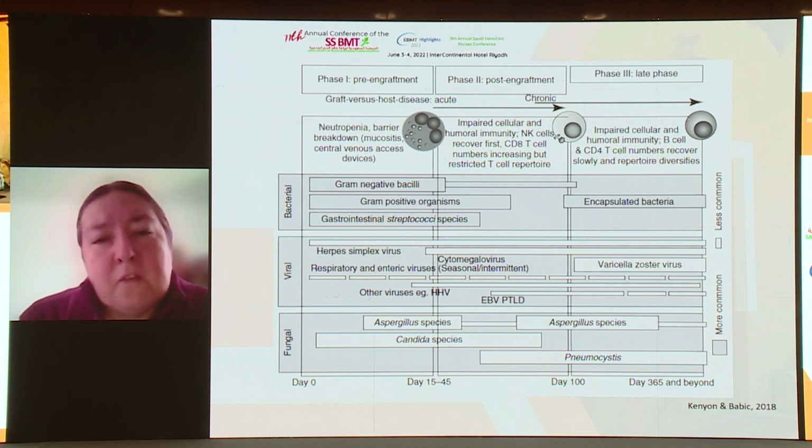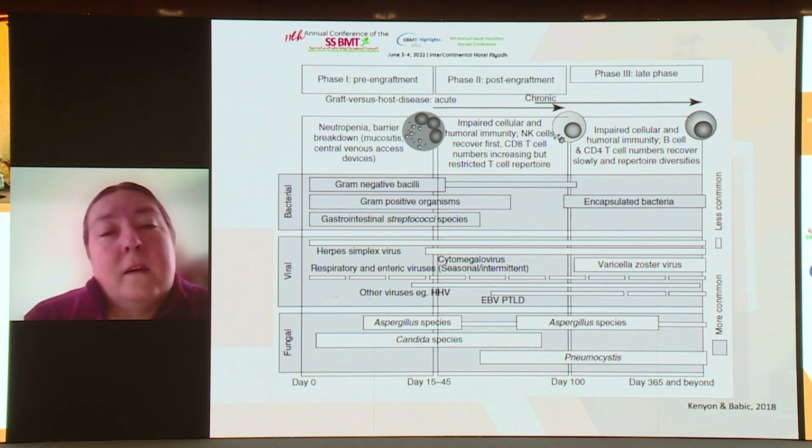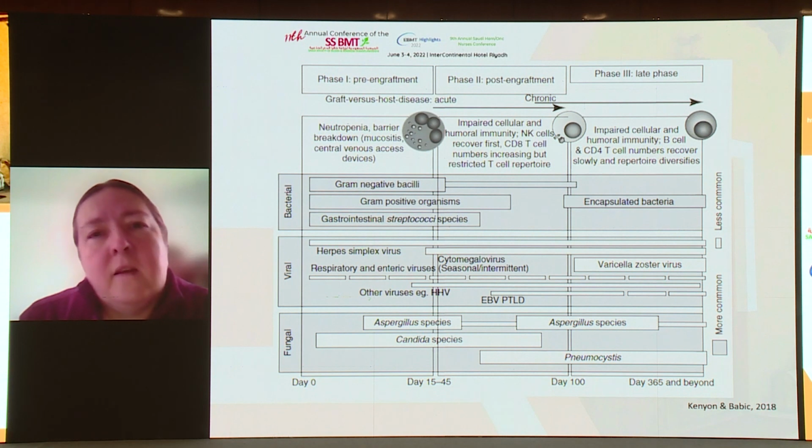And you see it also here on this slide that there are various infections possible, which come down in phase 2, but there the patients are still at a high risk because they have an impaired cellular and humoral immunity.